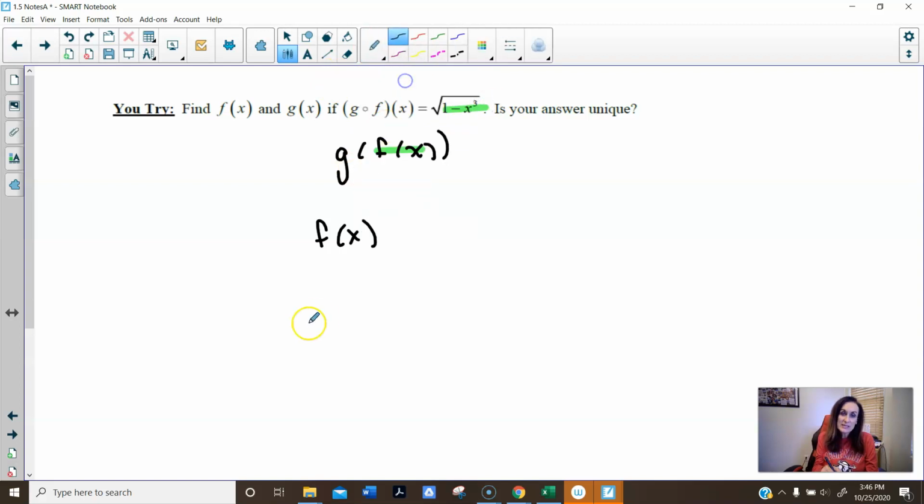And then you're going to tell me what g of x is equal to. And if you were to combine those into g of f of x, you would get this. Sometimes they'll call this h of x. So see if you can do this problem two different ways, because there are two ways that I can think of, maybe even three ways that you could tell me what f of x and g of x are.